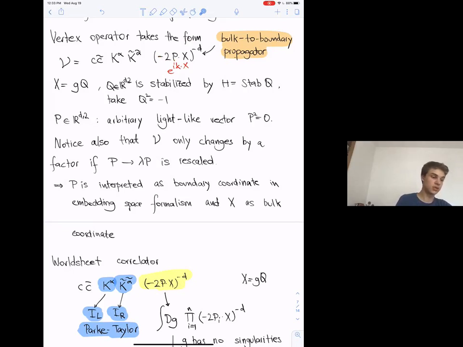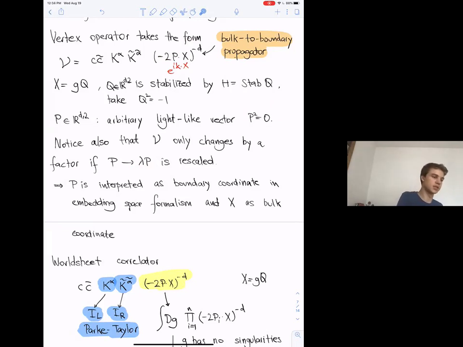And you also need that P is lightlike, so P squared has to be 0. Also, since this is homogeneous in P, this vertex operator doesn't really depend on the scale of P. You could rescale P and still get the same vertex operator.